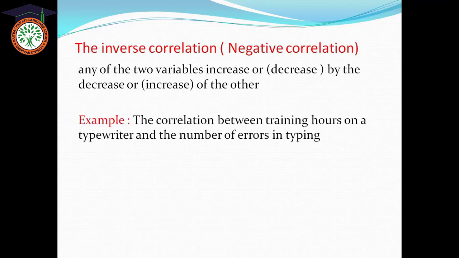For example, the correlation between training hours on a typewriter and the number of errors in typing. Of course, as the training hours on a typewriter increase, the number of errors in typing will decrease. So it's inverse correlation or negative correlation.